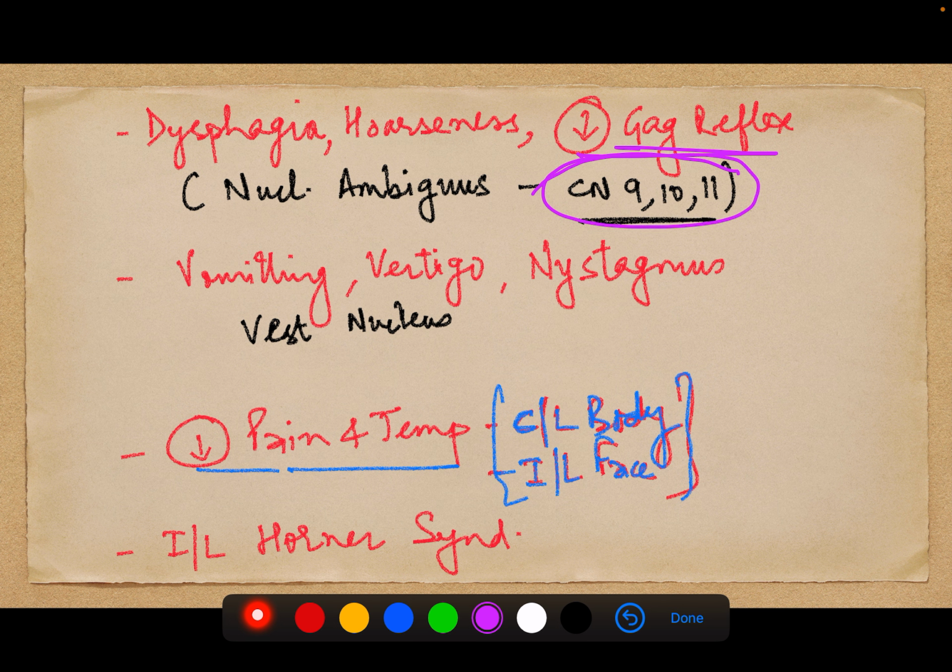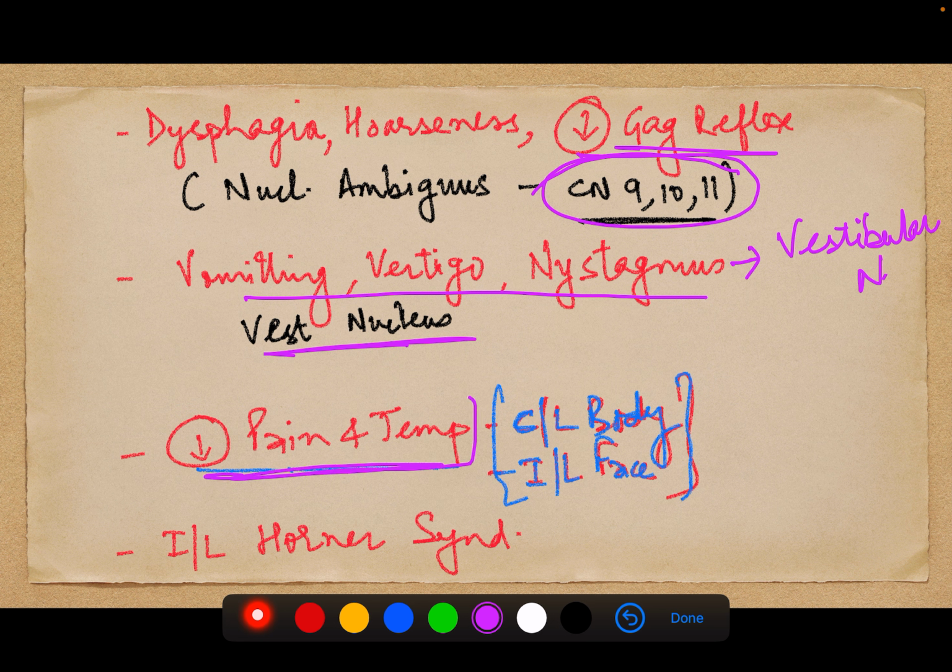There will be vomiting, vertigo, and nystagmus, because the vestibular nucleus is getting affected. Now, what about the sensations? The lateral spinothalamic tract is getting affected, and the lateral spinothalamic tract is the one which carries the sensation of pain and temperature.